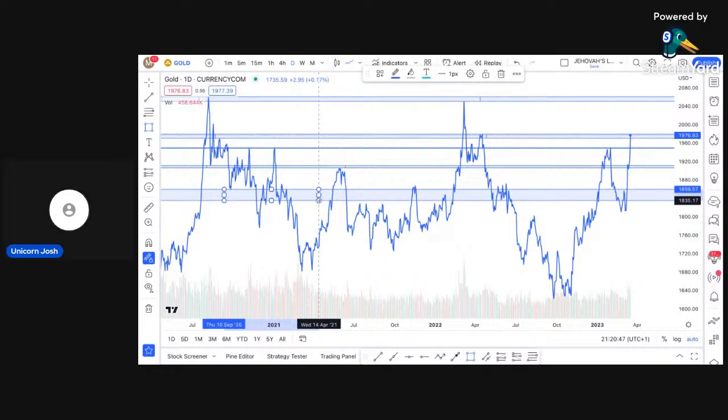That is the beauty of marking up your chart beforehand, before it happens. Because when it happens, you probably won't notice if you have not marked out the chart.